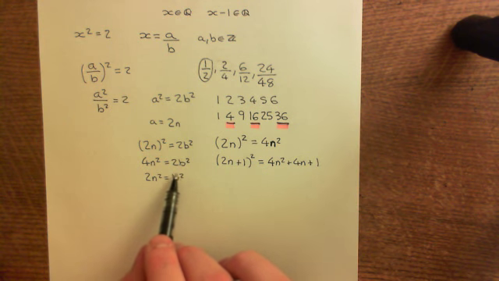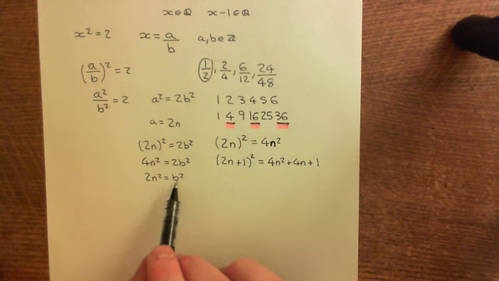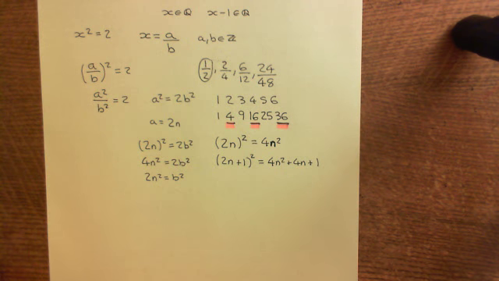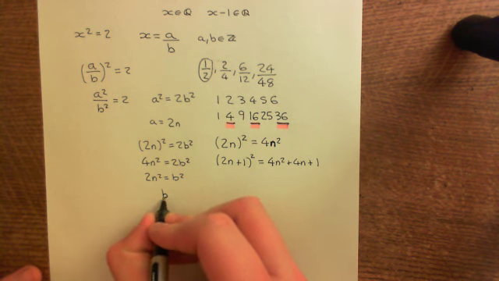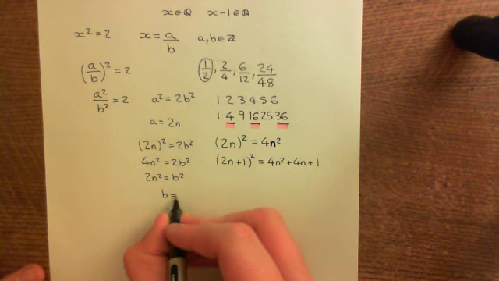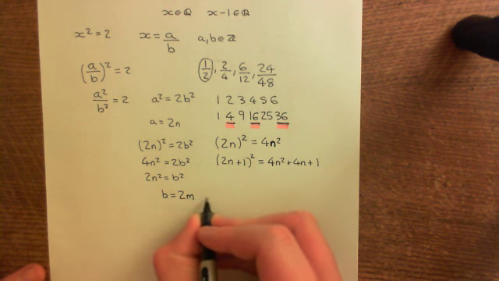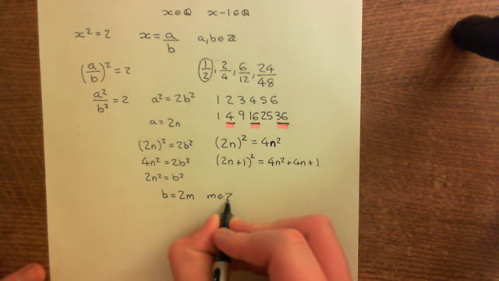So again, b squared is an even number, which implies then again that b must have been an even number, because only even numbers can square to give another even number, and therefore b must equal an even number as well. Maybe we could write it as some 2m, where again m is an element of the integers.